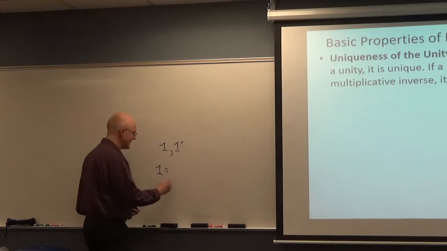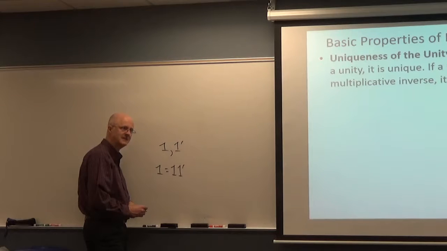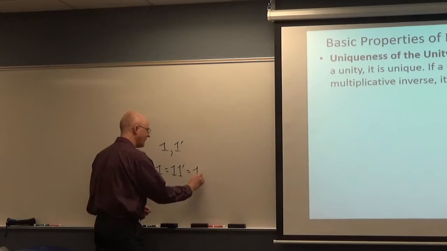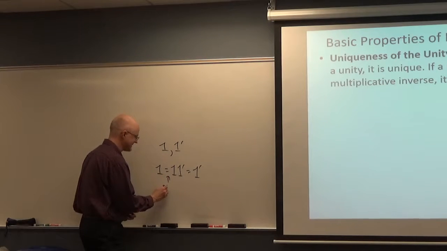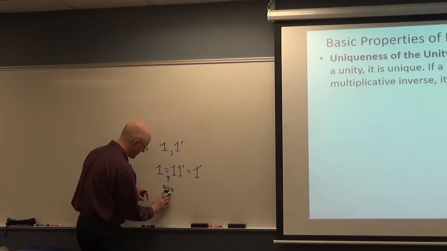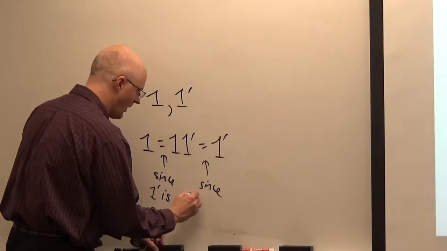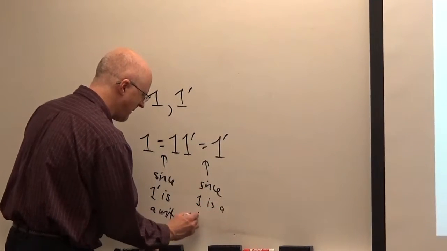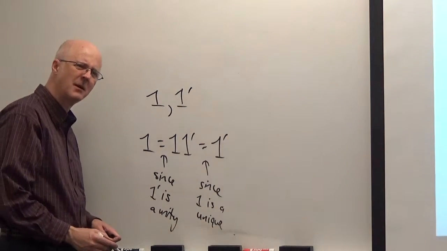Since 1 prime is a unity, it equals 1 times 1 prime, which, since 1 is a unity, equals 1 prime. Done. You might wonder, does this get messed up for that example where 6 is a unity of the subring?